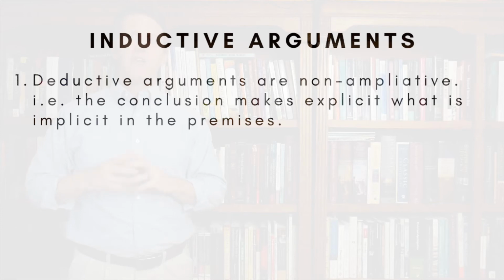Well, let's summarize some of these points first before concluding. Number 1, deductive arguments are non-ampliative. The conclusion makes explicit what information is already implicitly contained in the premises. So there is no gap between the premises and the conclusion.